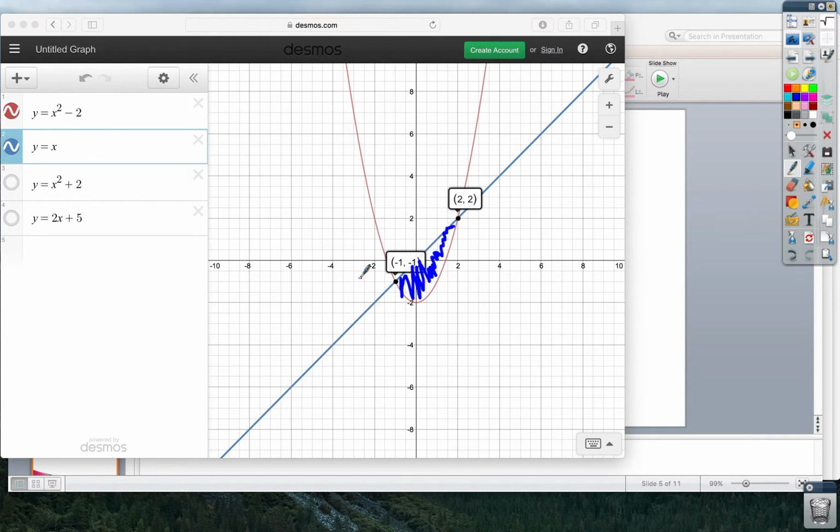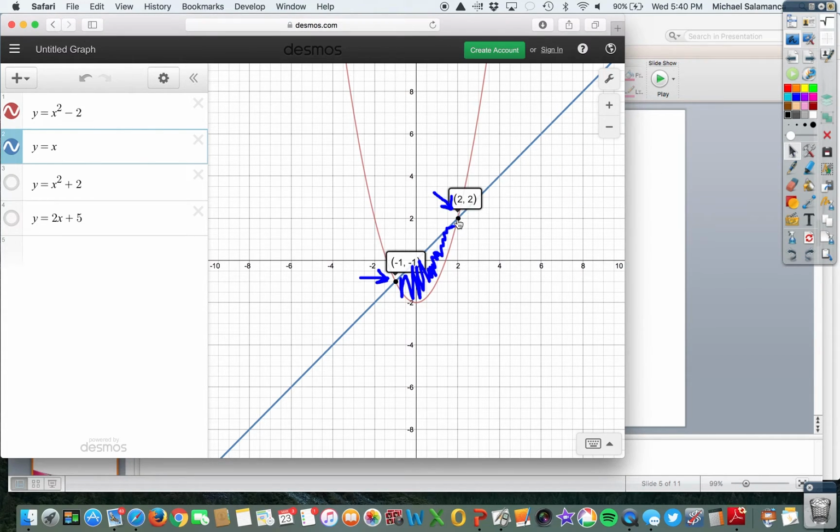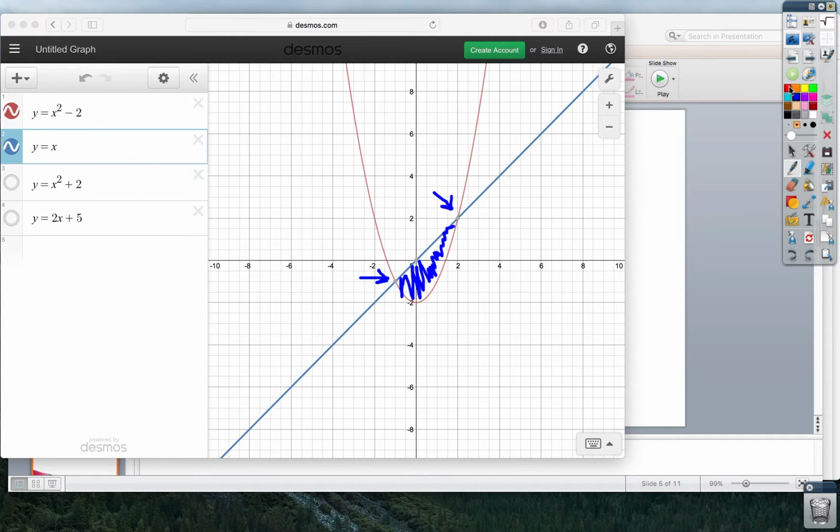Now here you see that they intersect at x equals -1 and at x equals 2. You'll also notice that the line y equals x is above the parabola, as in, this line right here is above the curve y equals x squared minus 2.